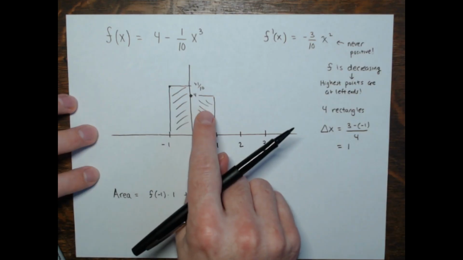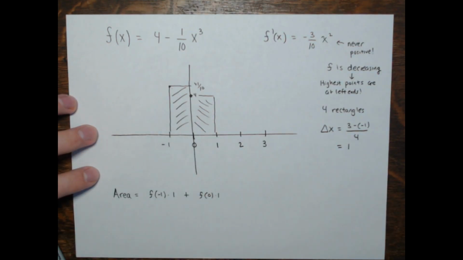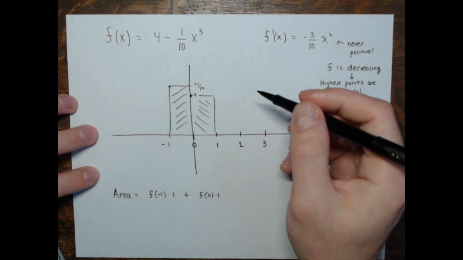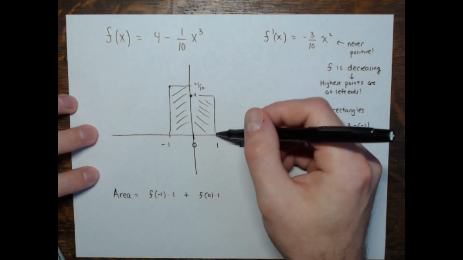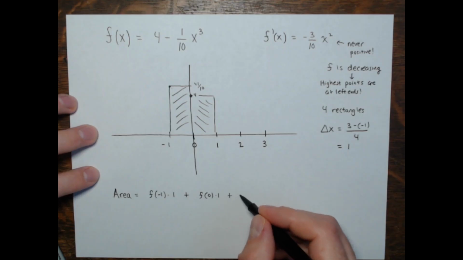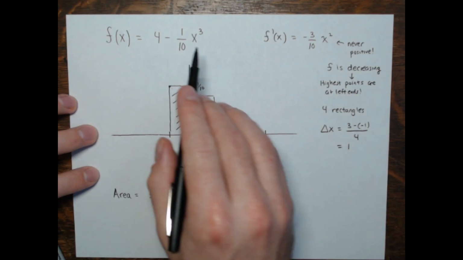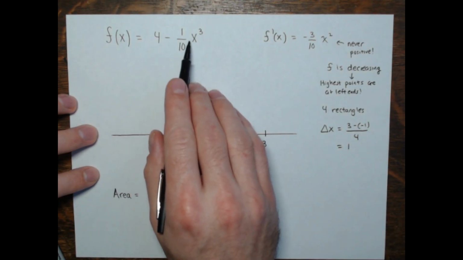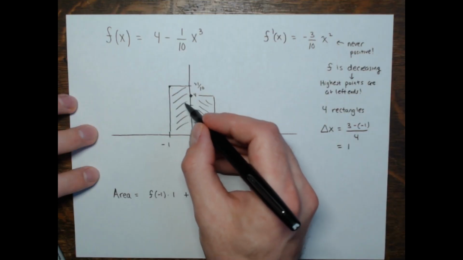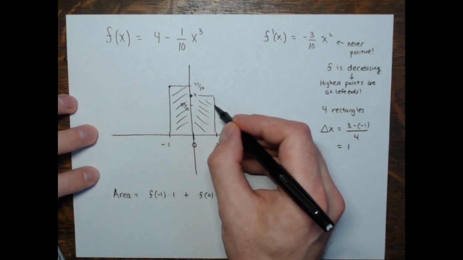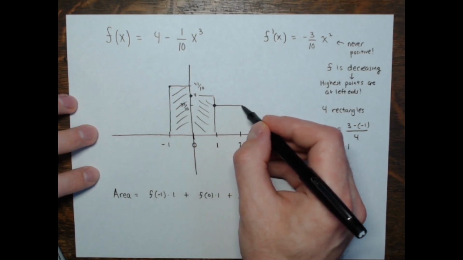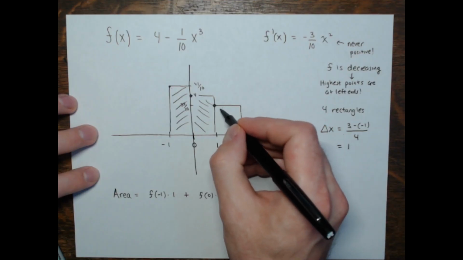And this would, again, overestimate the area under the actual curve. Then I plug in 1 to get the next height, f of 1 times 1. Now 4 minus 1/10, that'd be 39 tenths, 3.9. So I get this area.